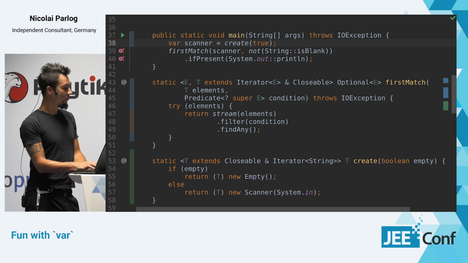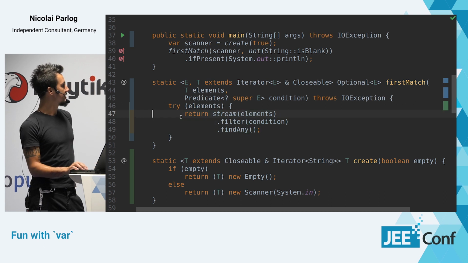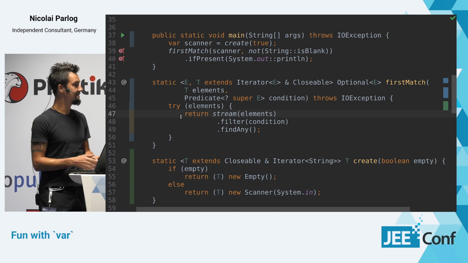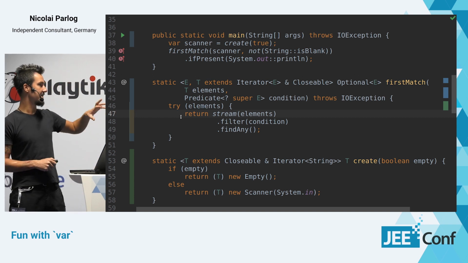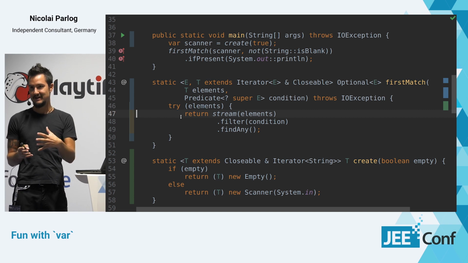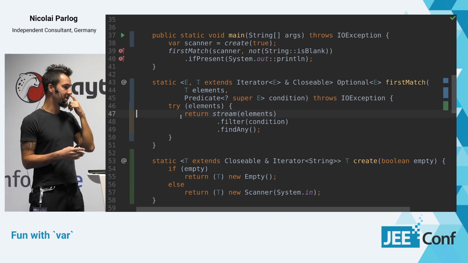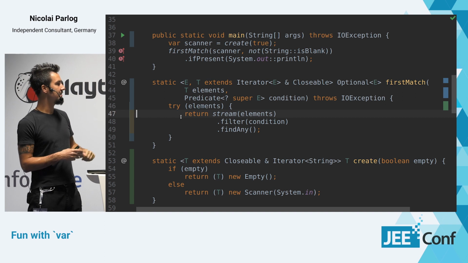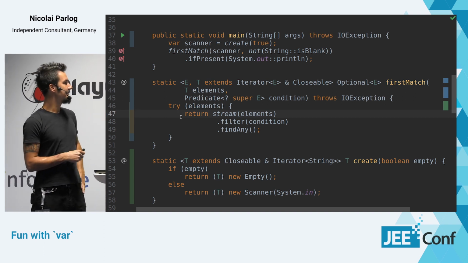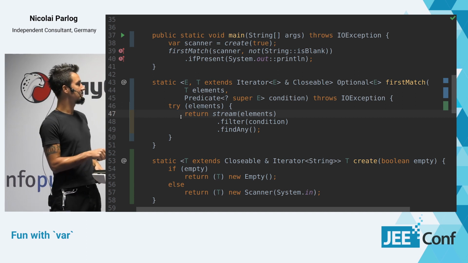So would I recommend using that? Well, it has a couple of downsides. One of the downsides is it uses a lot of type inference and generics, and both of those topics are not exactly beginner friendly, right? So if you have people working on your code base who are somewhat new to Java, they most likely will not look at this and say, yeah, I know what's going on here. Well, unless they come from a type system that also has intersection types.